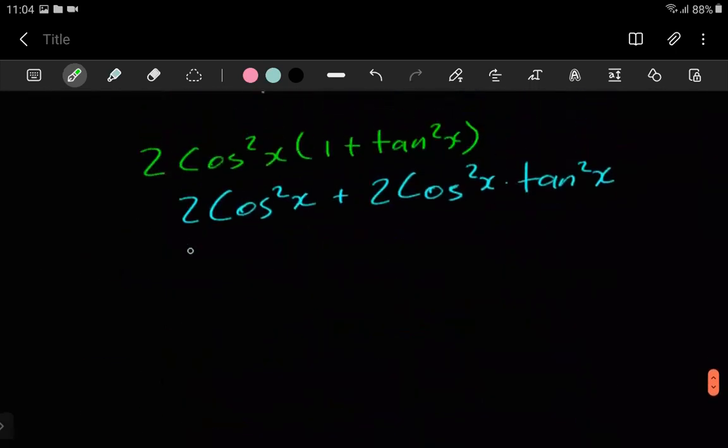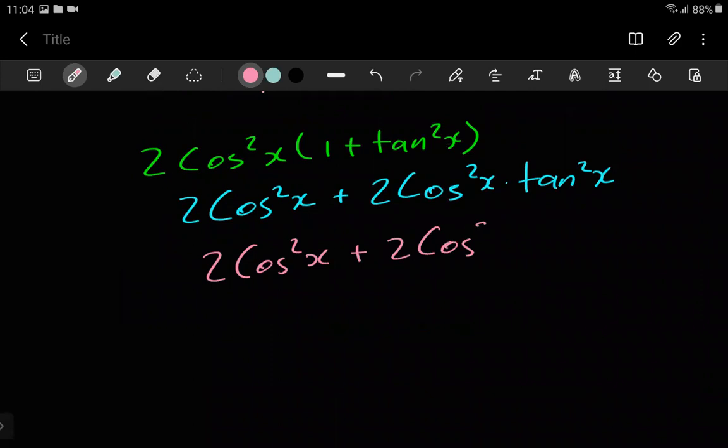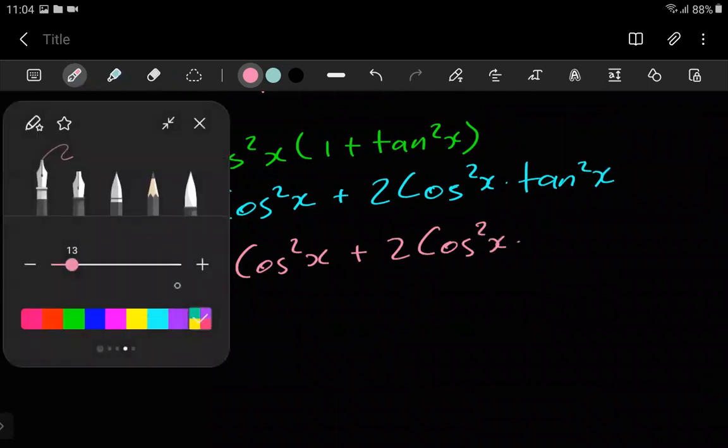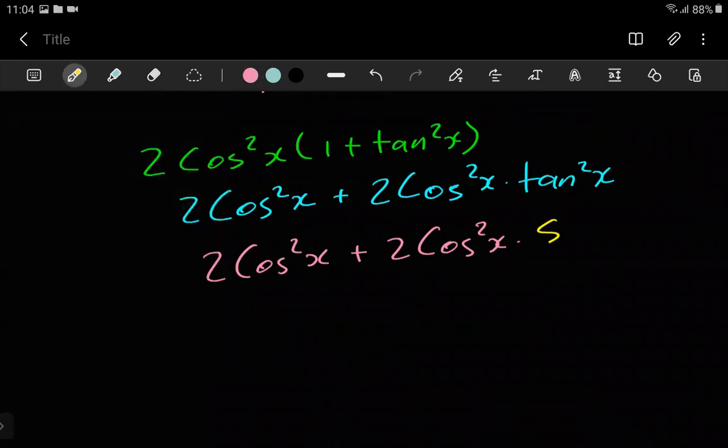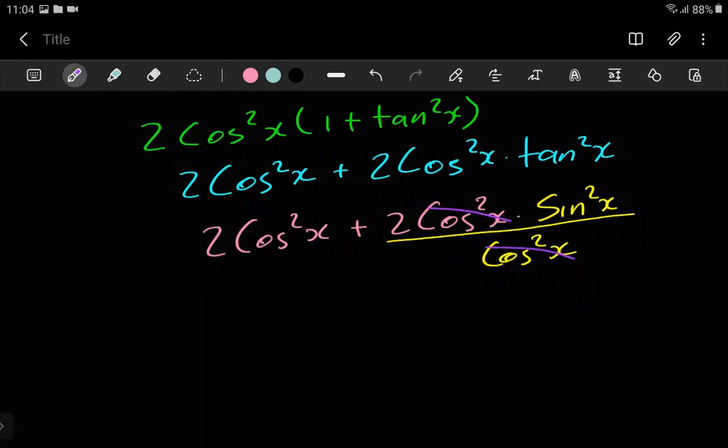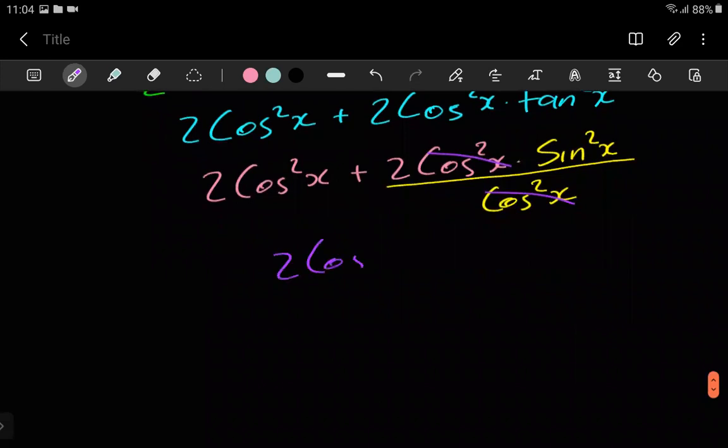So we have 2 cos squared x plus 2 cos squared x times sine squared x over cos squared x. The cos squared x cancels the cos squared x, and then you have 2 cos squared x plus 2 sine squared x.